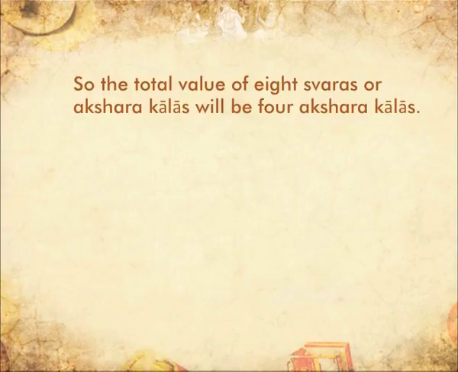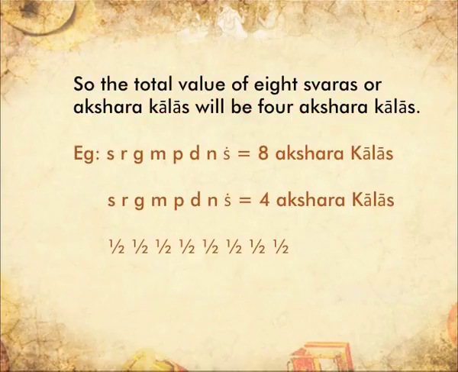Therefore, the total value of 8 swaras or aksharakalas will be 4 aksharakalas. For example, sa, ri, ga, ma, pa, dha, ni, sa is equal to 8 akshara. With a line on top, sa, ri, ga, ma, pa, dha, ni, sa is 4 akshara.